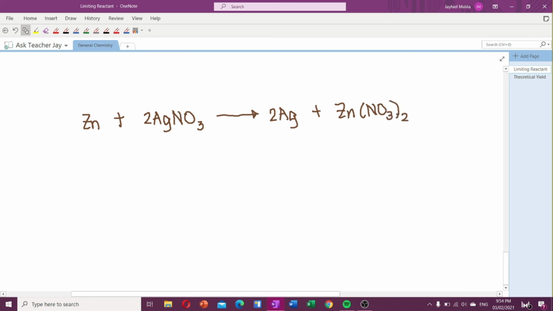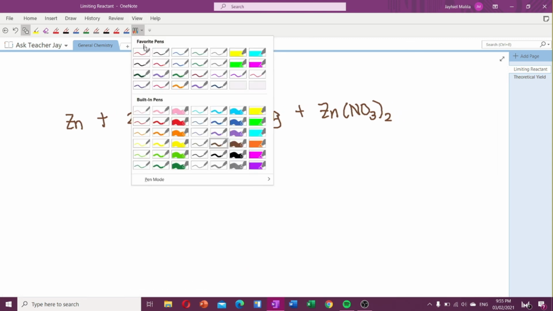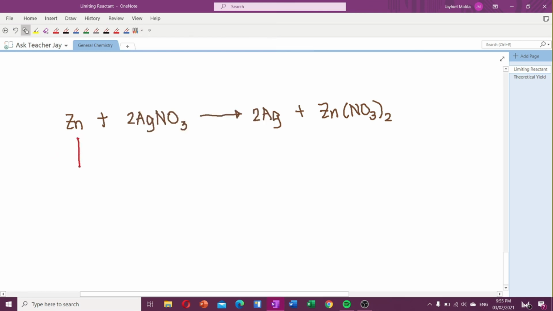What I'm going to do here is enumerate all the values that we have calculated and that were given so far. In the problem, we have 2.00 grams of zinc. We have 2.50 grams of AgNO3.